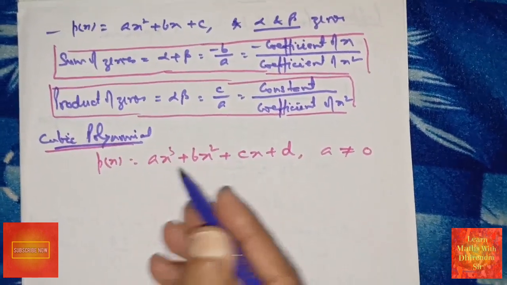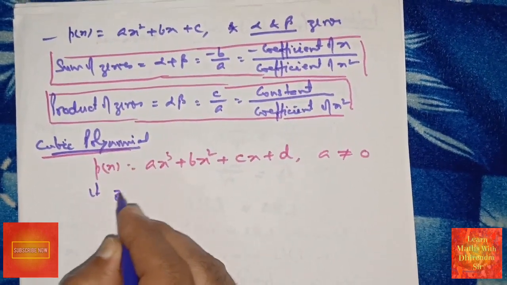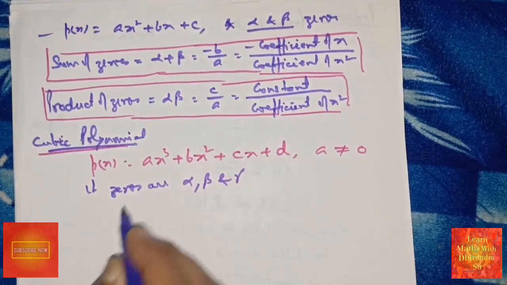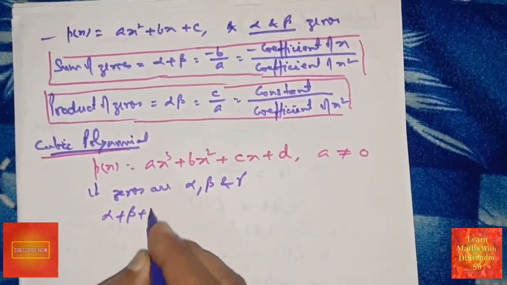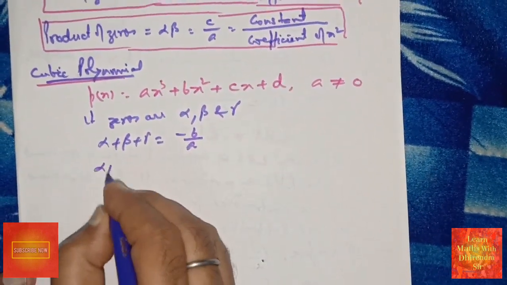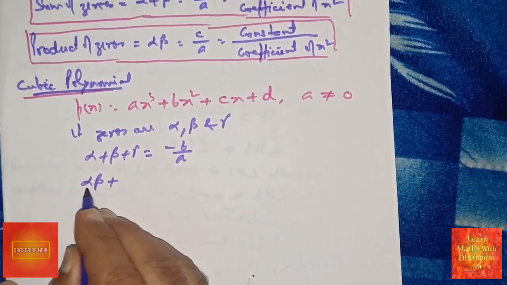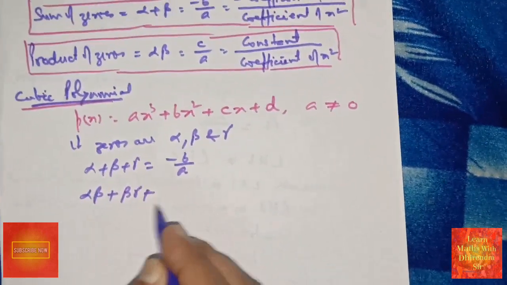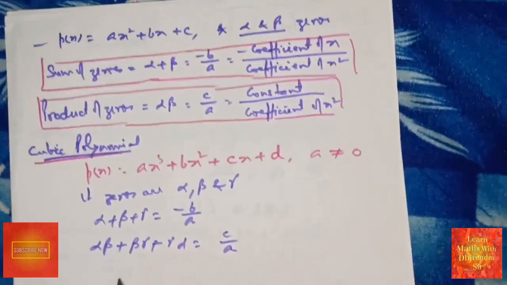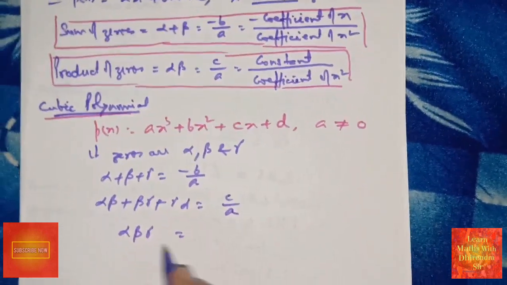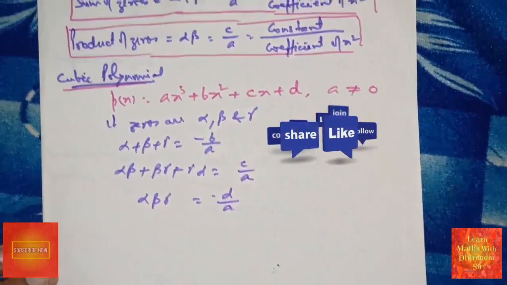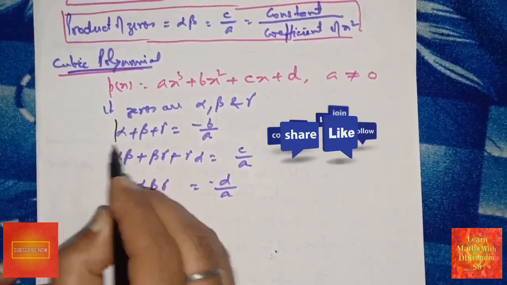So its zeros are alpha, beta and gamma. So sum of zeros alpha plus beta plus gamma equal to minus b upon a, the sum of products of two zeros at a time, alpha beta plus beta gamma plus gamma alpha, is equal to c upon a, and product of zeros alpha beta gamma equal to minus d upon a. These are the results.